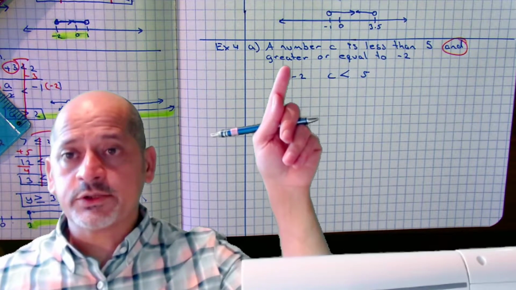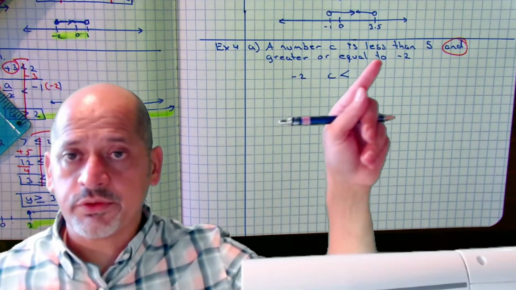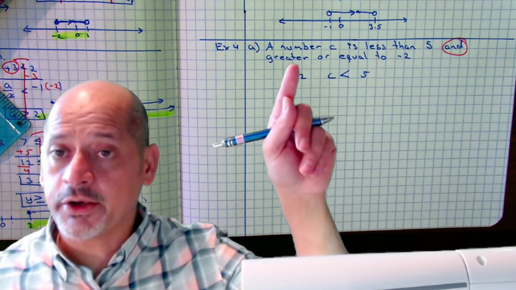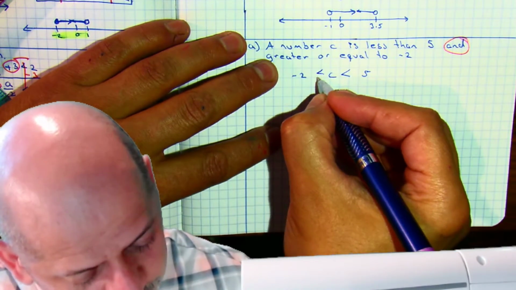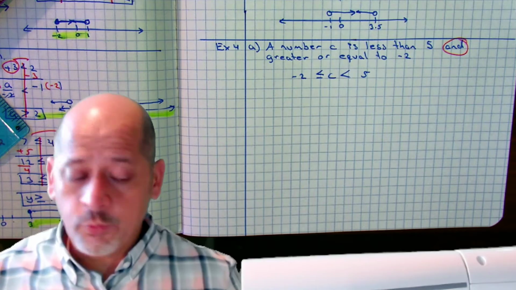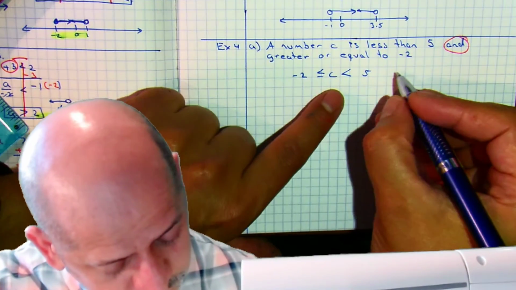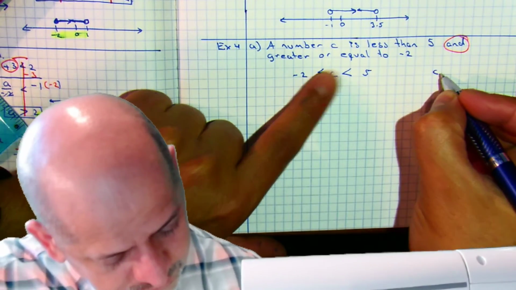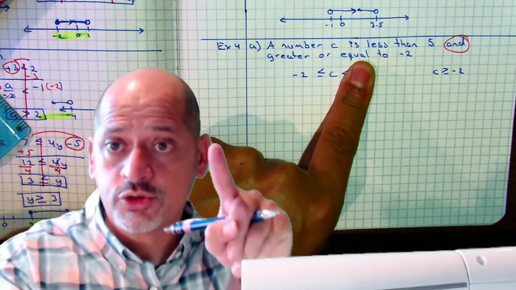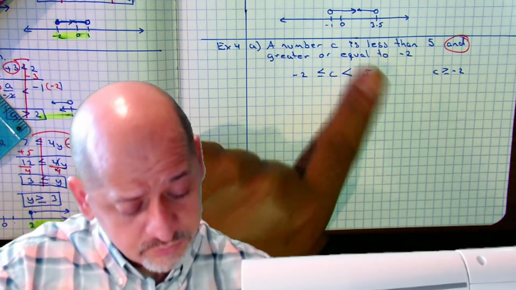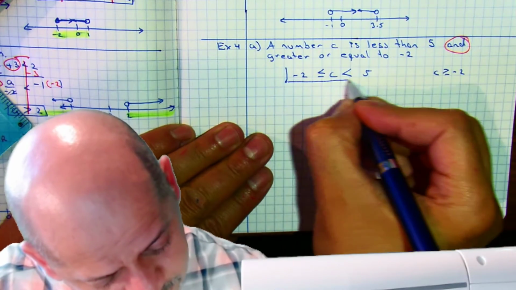And C is greater than or equal to -2. So the C is the one that's greater than. So therefore, the C has to be greater than or equal to -2. Or if you want to rewrite it, we can see C is greater than or equal to -2. Do you see that those two expressions are the same? But this should be connected.